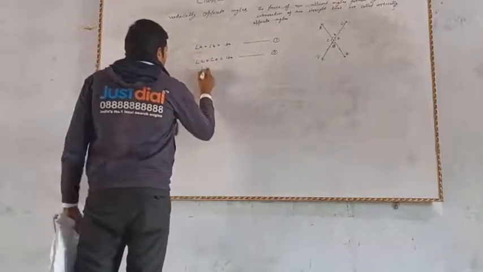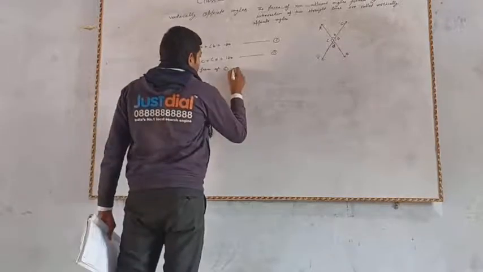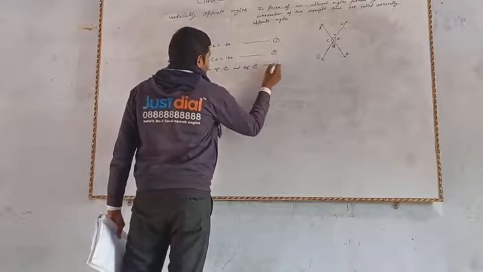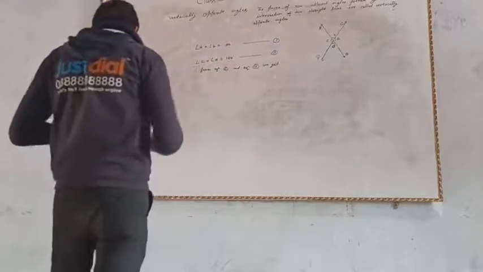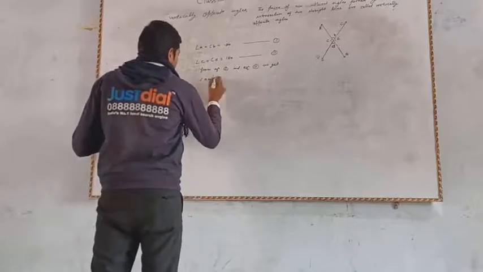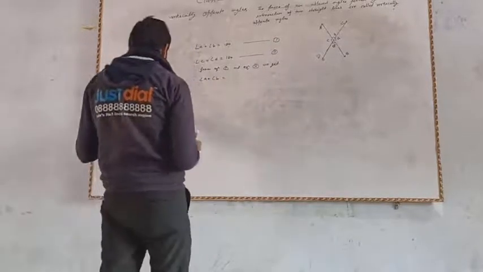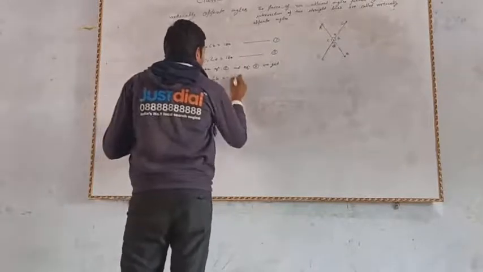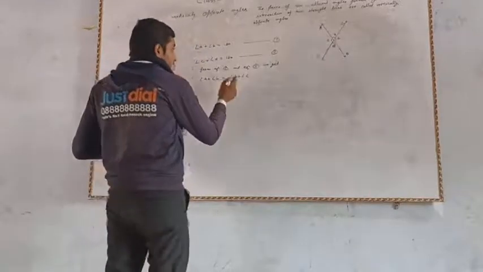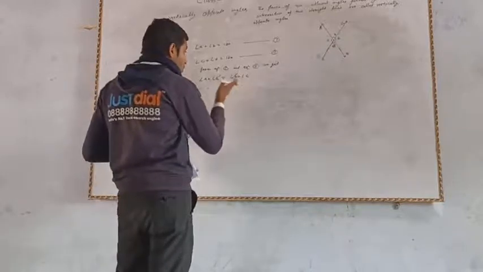From equation first and equation second, we get that angle A plus angle B is equal to angle B plus angle C. From the above solution, angle B and angle B cancel out on both sides.